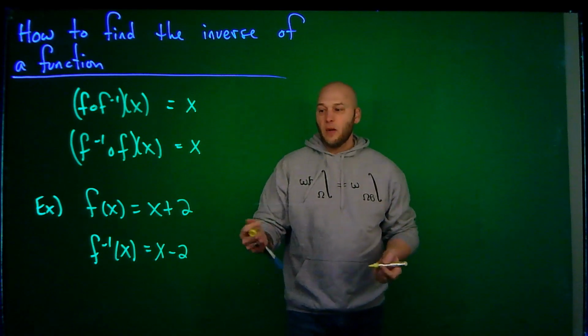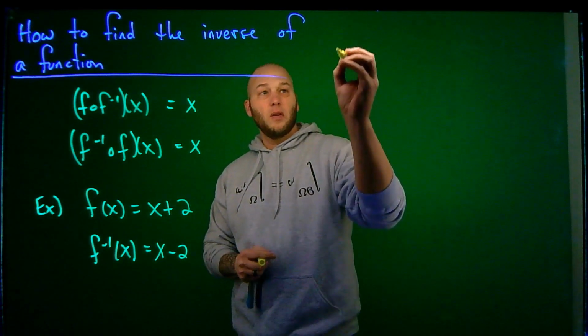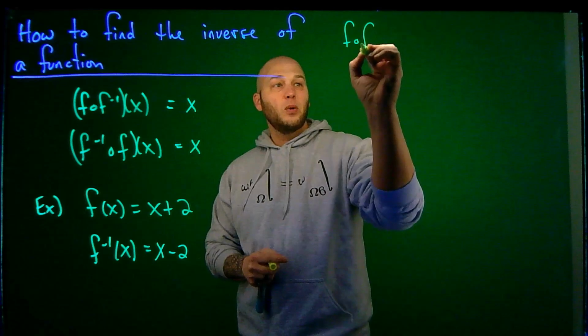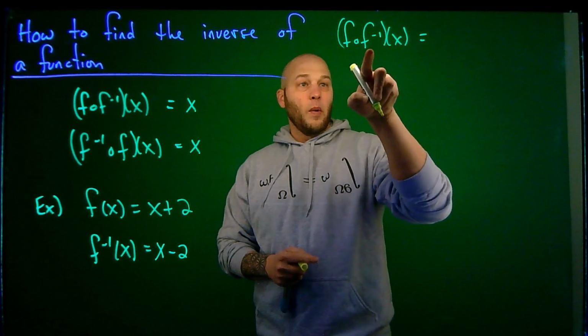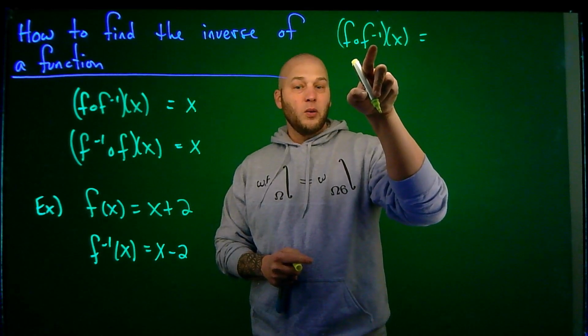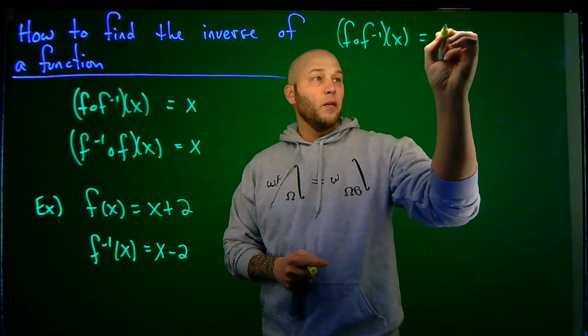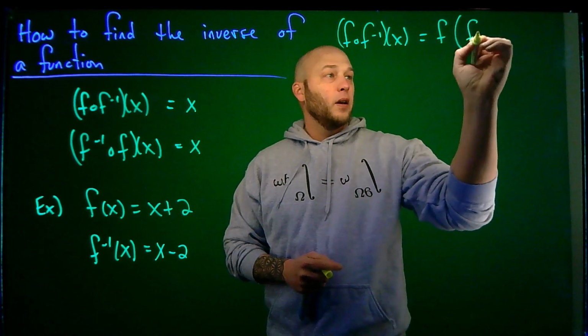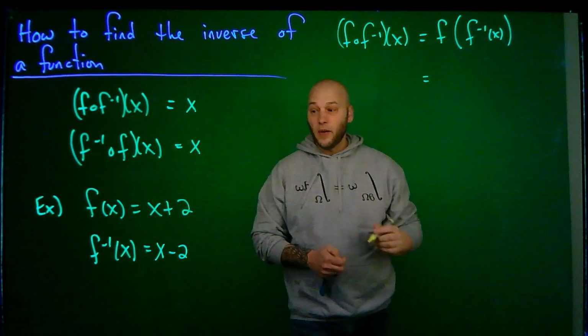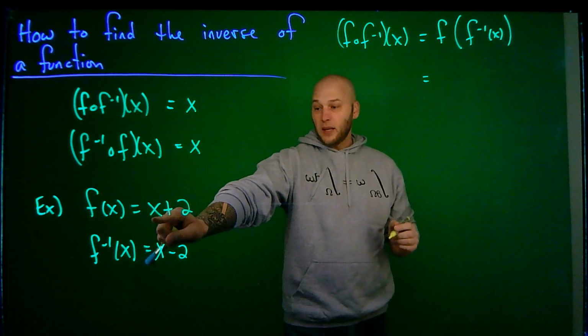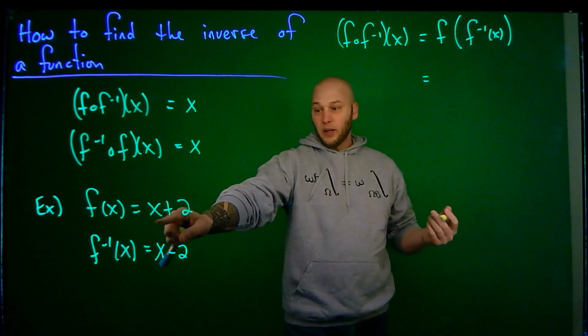Now, let's see what happens when we take the composition of those two. f composed with its inverse. Remember, the function on the right is what I'm using for my new input. Therefore, this is f of f inverse. Now, what does the original function do to an input? It takes that input and adds 2.